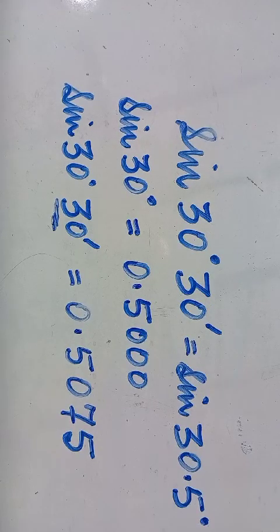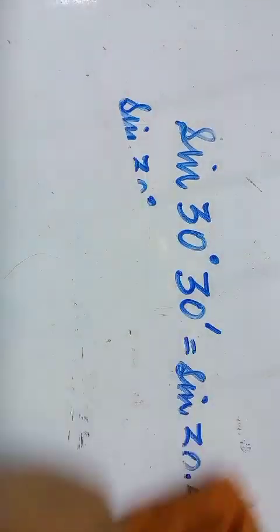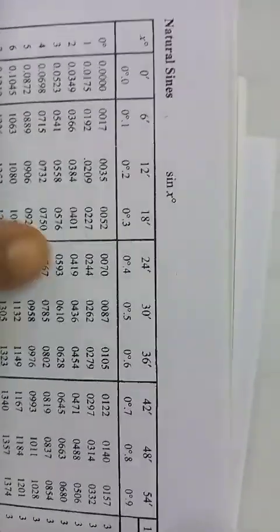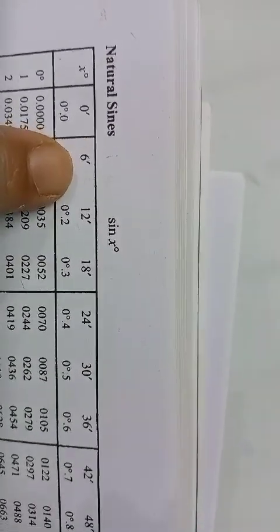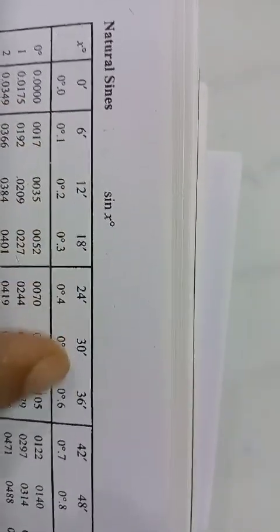Now the next big question is that you might have noticed that in your book, in the page that I showed you just now, you must have clearly seen that the minutes are at a difference of 6 each.